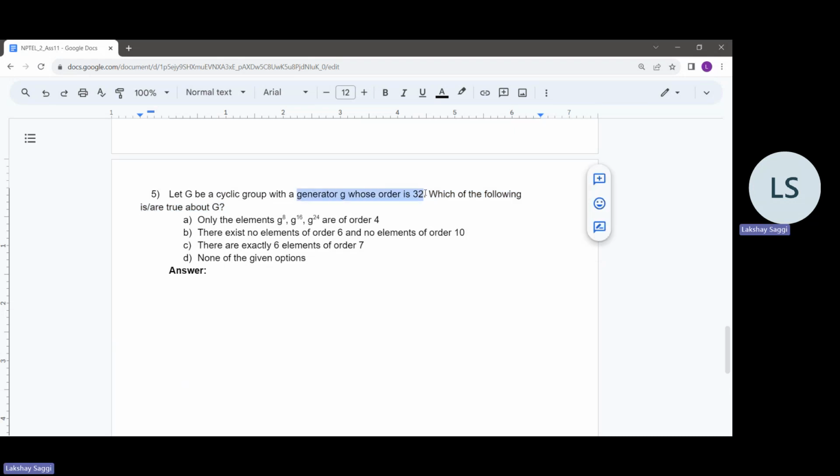So basically 32 is the smallest number at which g raised to power 32 is equal to the identity element of the group. g raised to power 33 will again be equal to g only, because identity times g is nothing but g itself. So the order of a generator of a cyclic group is equal to the order of the group itself.